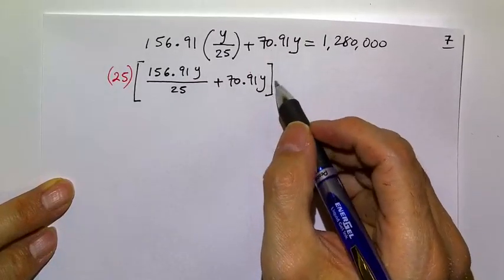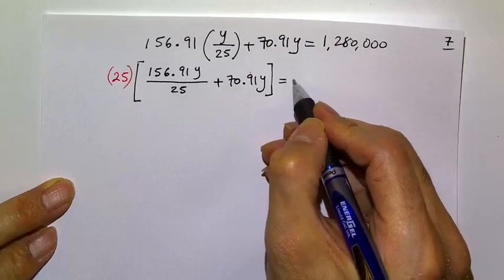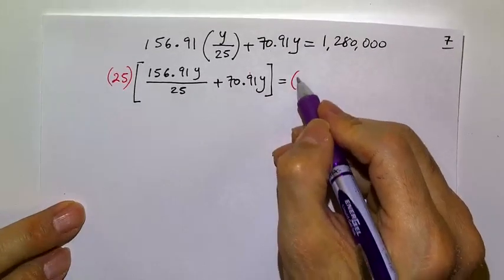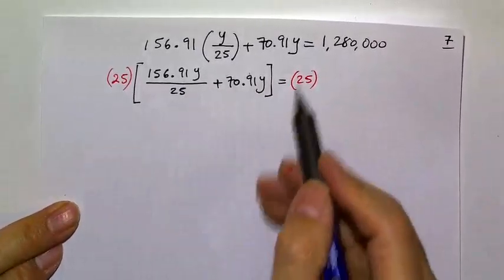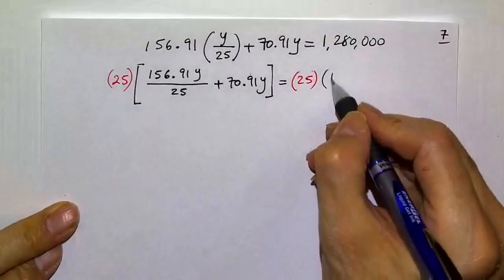That, and then equals 25 times the right side. Right? So whatever we do to this side, we got to do to the other side.